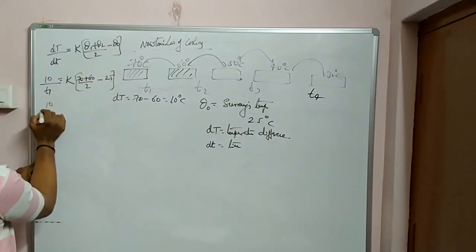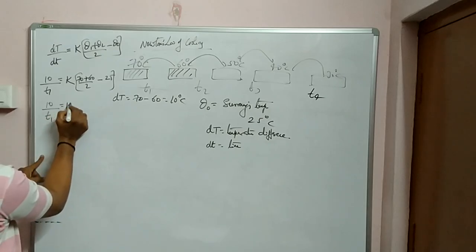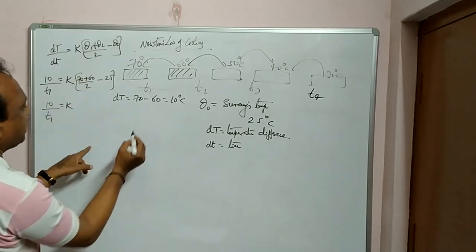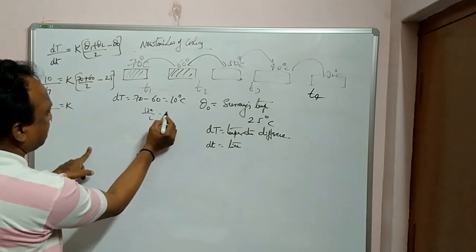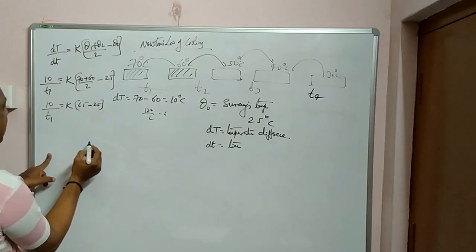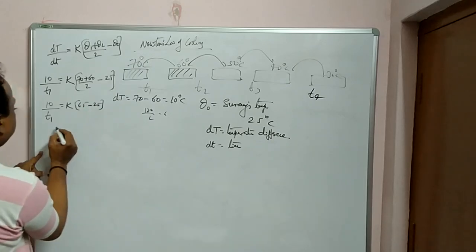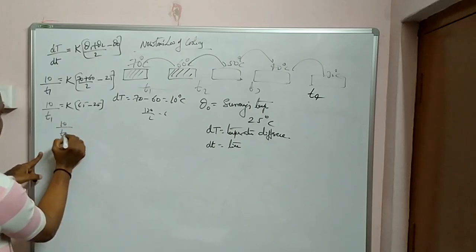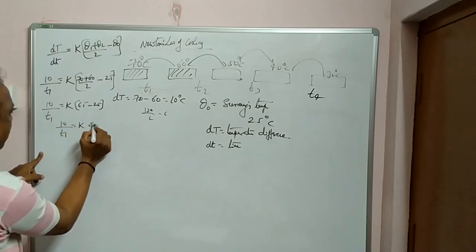So 10 by T1 is equal to k into 130 by 2. What is 130 by 2? 65. 65 minus 25 is 40. So 10 by T1 is equal to k into 40.